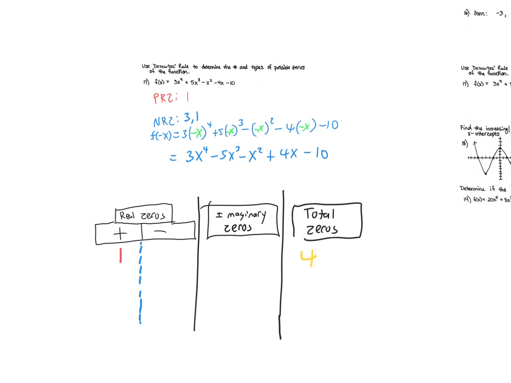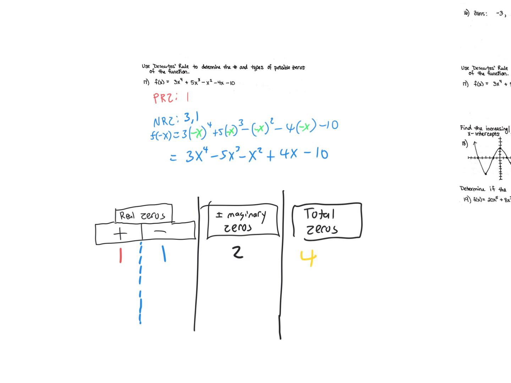And in that case, you would have two imaginary zeros. Now that is feasible, okay? Because the amount of imaginary zeros needs to be even, okay? So that's a feasible situation, right? We know that it's possible to have one positive real zero, which we accounted for in this row. Now, if that was the case, you could indeed have one negative real zero because that was a possibility. And if that was the case, well, then you'd have two imaginary zeros.